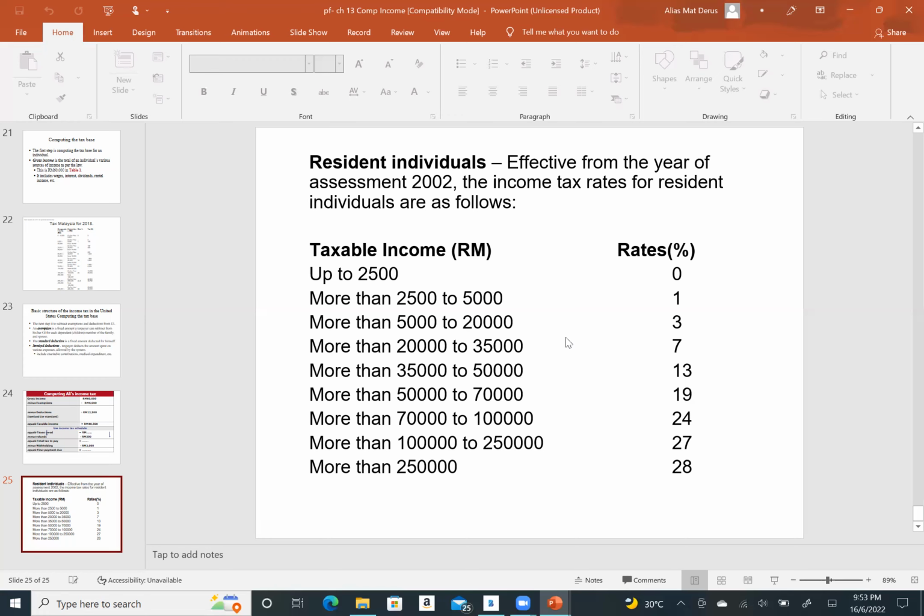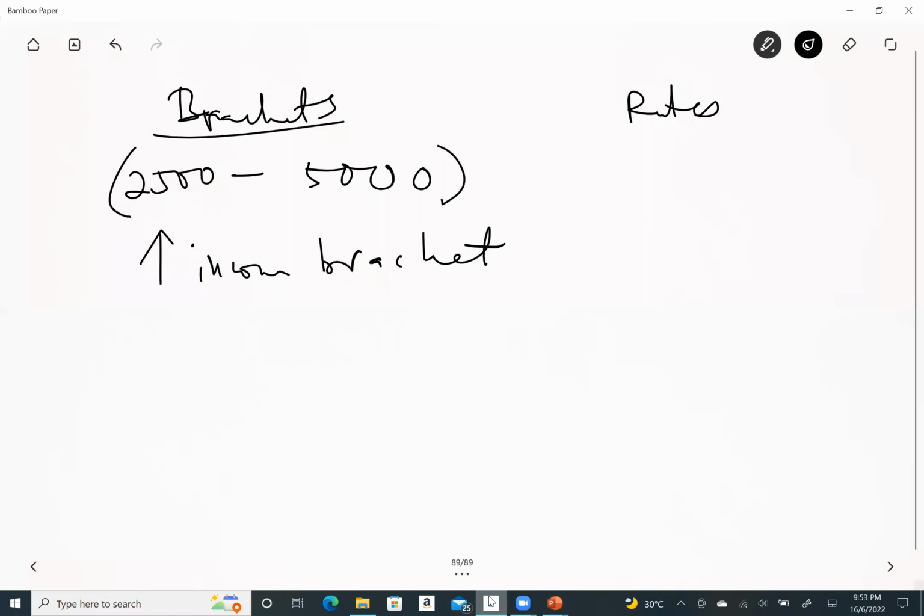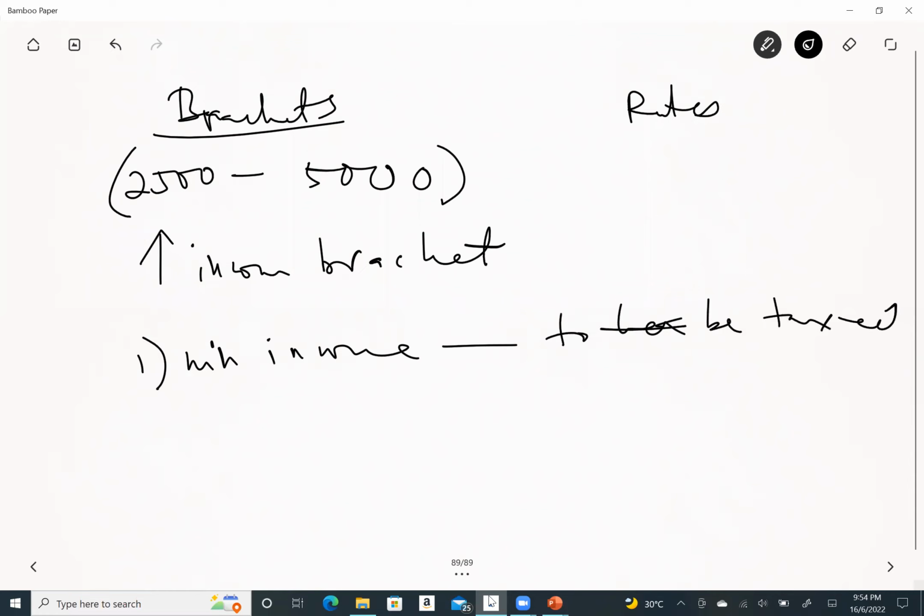So if you look at the brackets, number one, there is a minimum income to be taxed. Less than the minimum income, the tax is 0%.